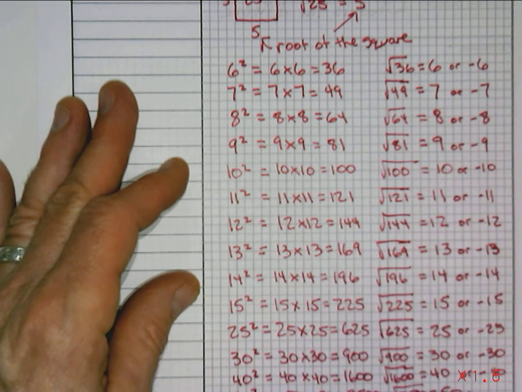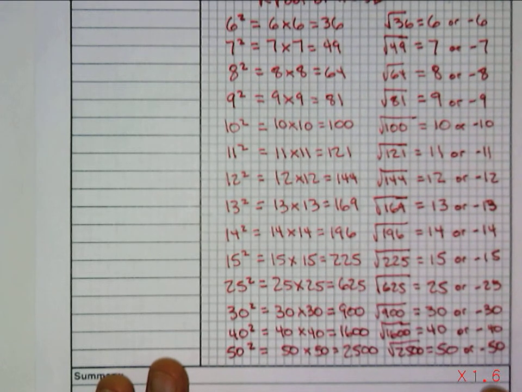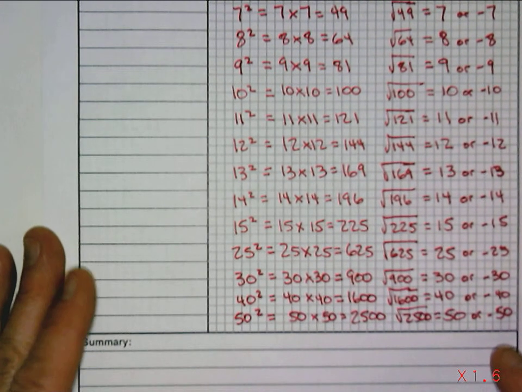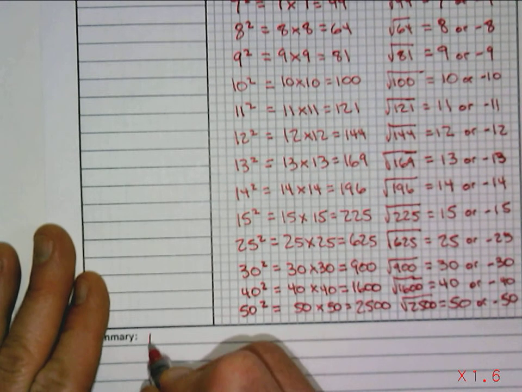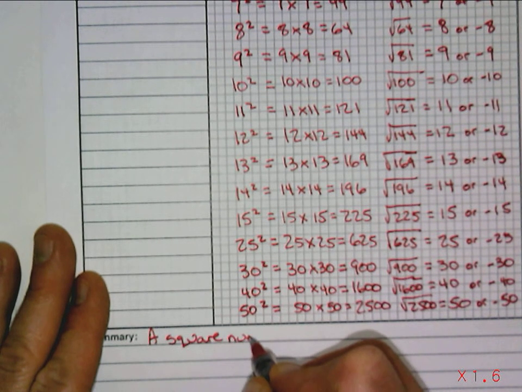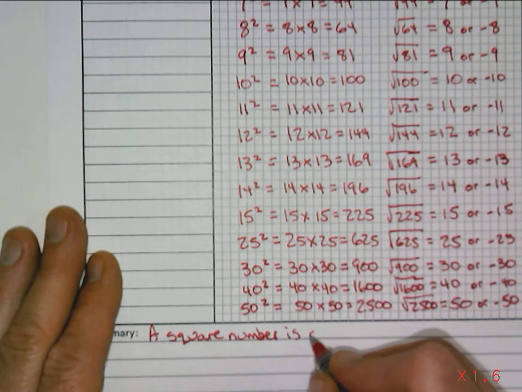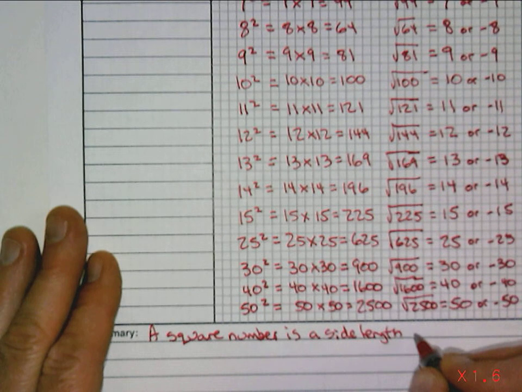So hopefully now we know what squares and square roots are, and we can summarize the idea of what a square and a square root are. So a square number is the area of a square.